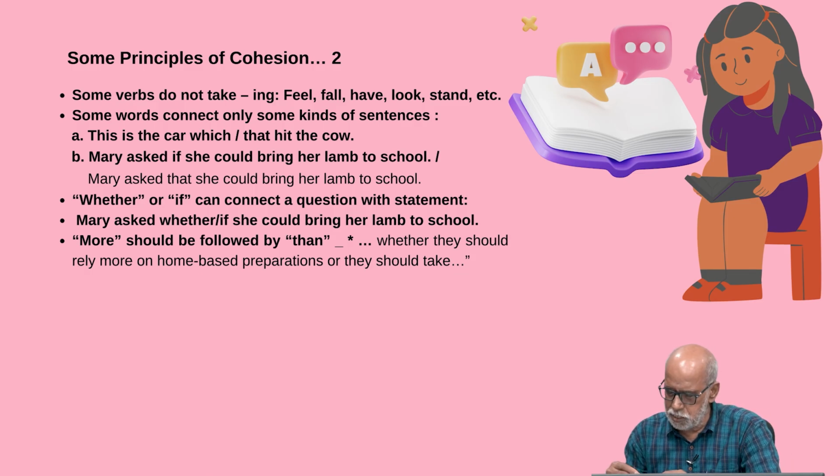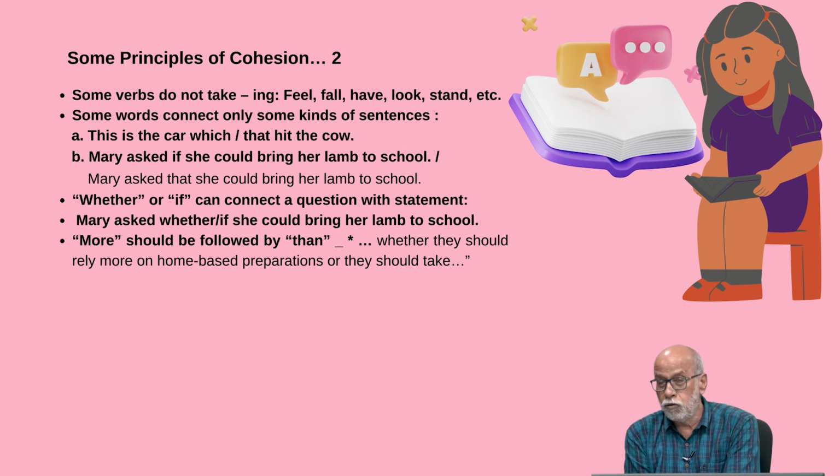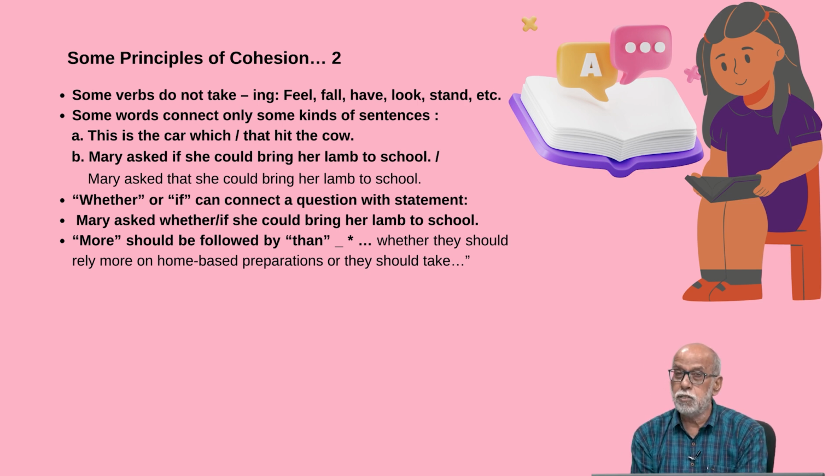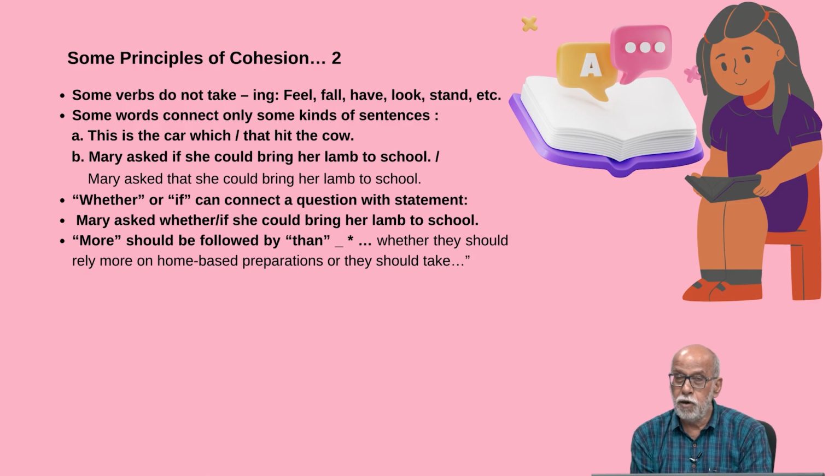Stand, seem. You can say she seemed all right, but you cannot say she was seeming all right. Martha seemed all right. Martha seemed happy. You cannot say Martha was seeming happy.